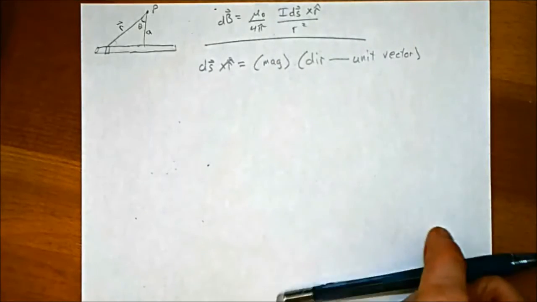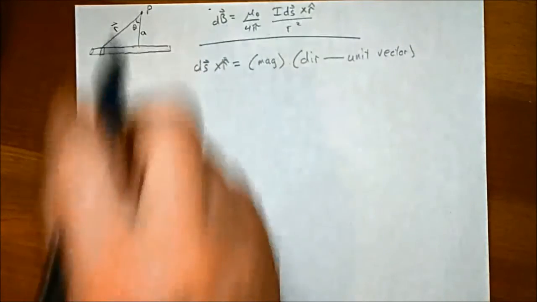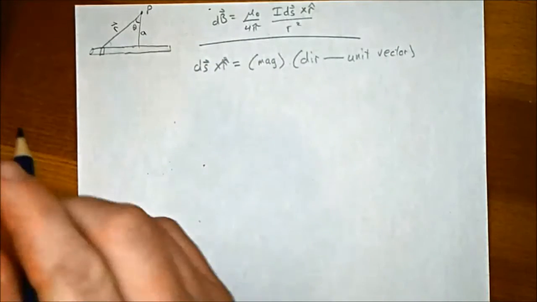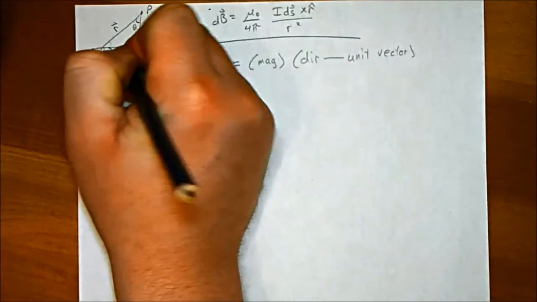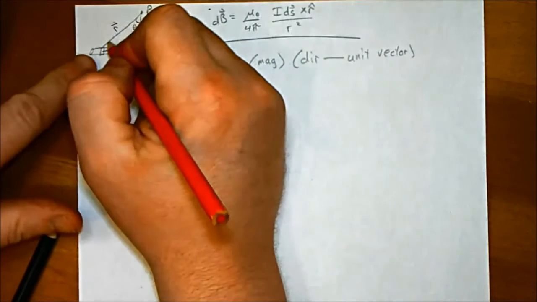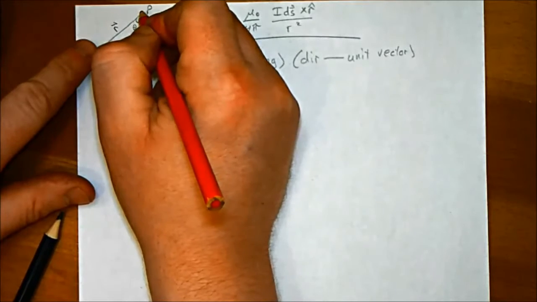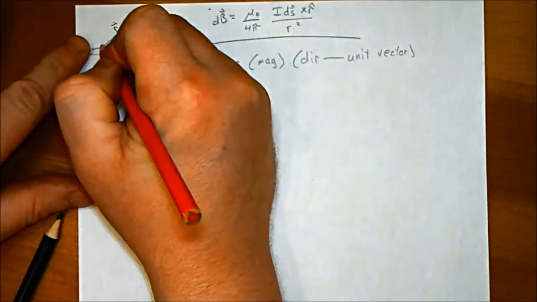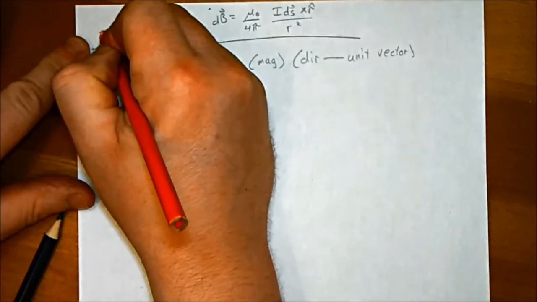So where is ds on here? Well, this ds is this infinitesimal piece of the wire along which the current is flowing that has some direction in the direction of the current. So this is ds right along the wire. Now what about r hat? Well, the vector r points from this infinitesimal element to the observation point P, and r hat is just simply the direction of r.